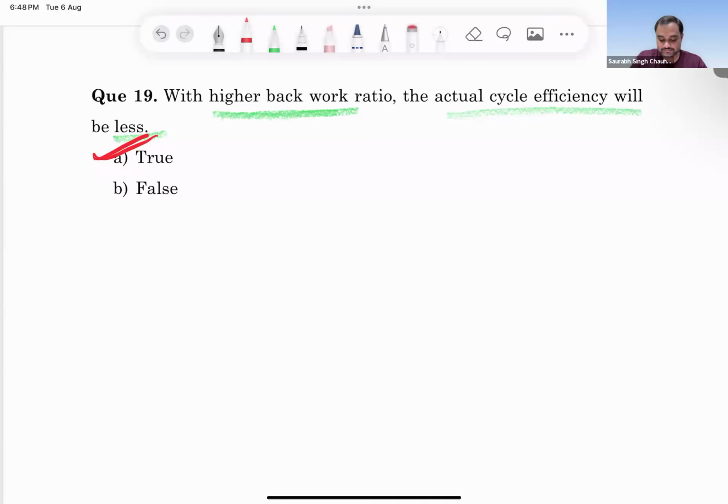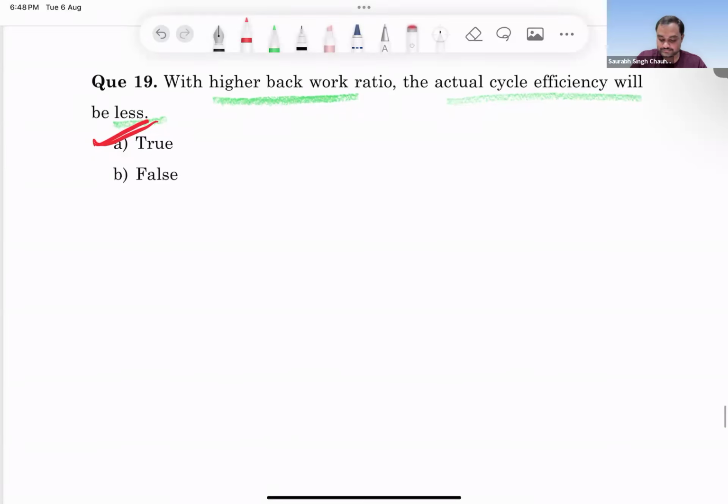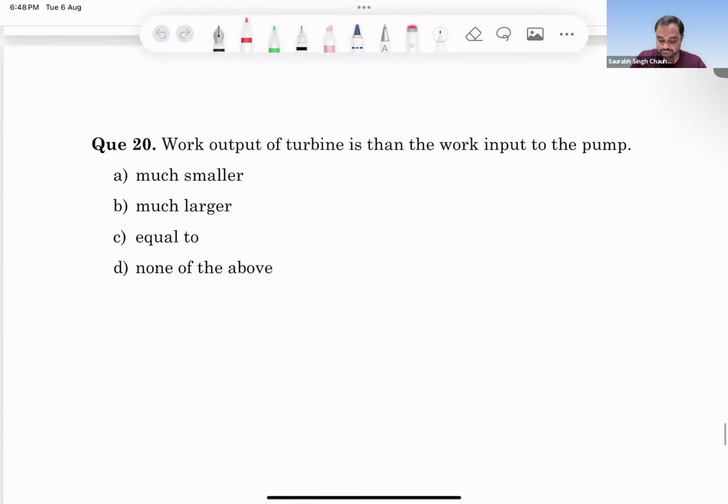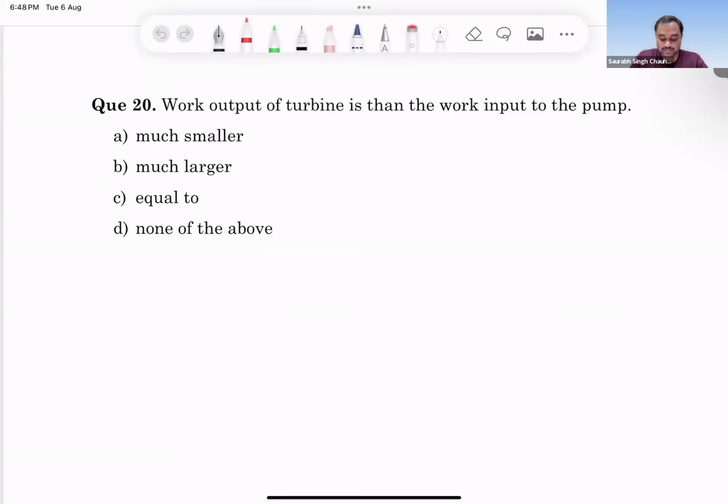Okay. We'll move to question number 20. Question number 20 says, work output of turbine is blank the work input to the pump.